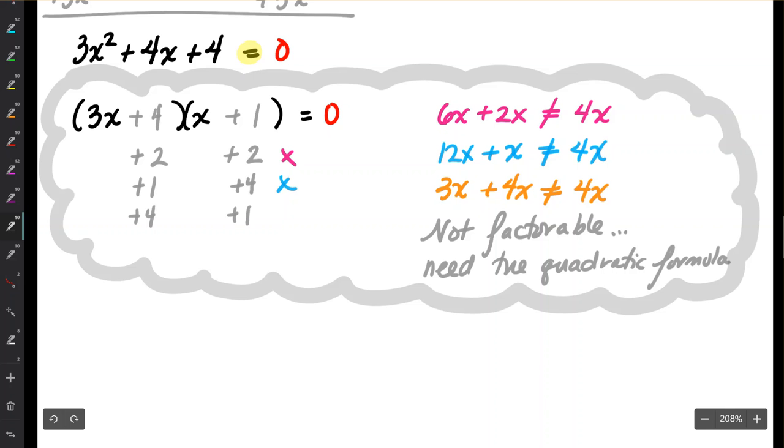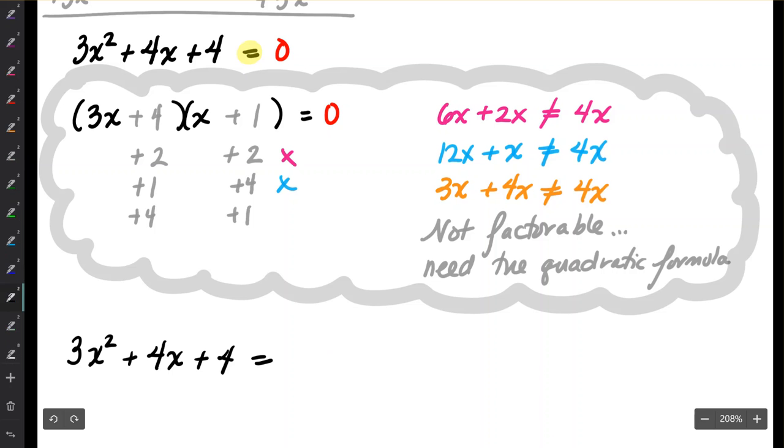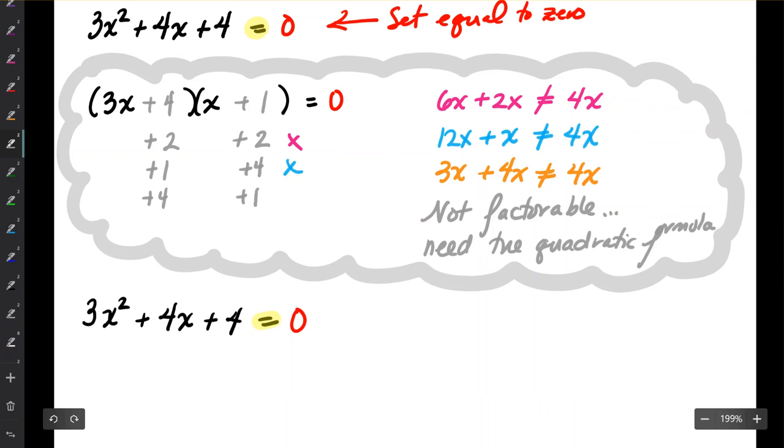So let's go ahead and use our quadratic formula. 3x squared plus 4x plus 4 equals 0. All right, so now we need to go ahead and identify our A. A isn't just the first number that shows up here.